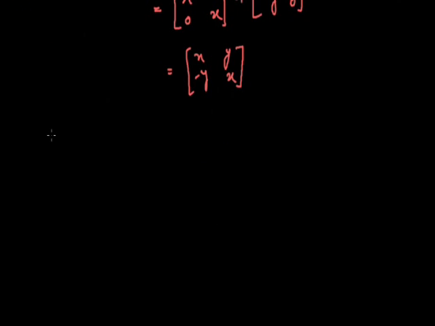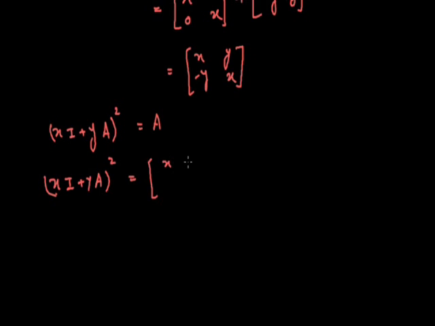Now in the question it is given that (xI + yA) whole square equals A. So [x, y; -y, x] is the xI plus yA. Now we need to square it, so we need the multiplication of this two times. So (xI + yA) whole square equals [x, y; -y, x] multiplied with [x, y; -y, x].